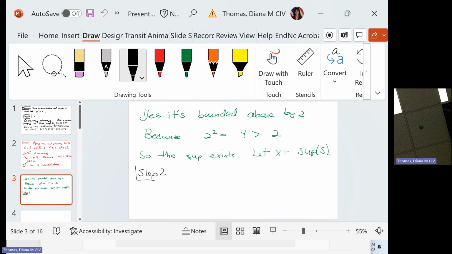So let me actually fill this in for you beforehand, so it's not just this stuff here. The trick is to show that it's not going to be bigger than 2 and it's not going to be less than 2, but it's a real number. So x squared has to equal 2.